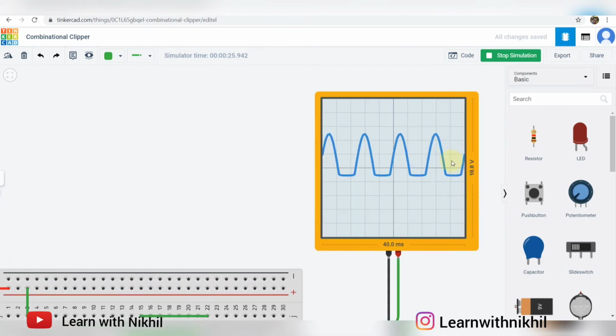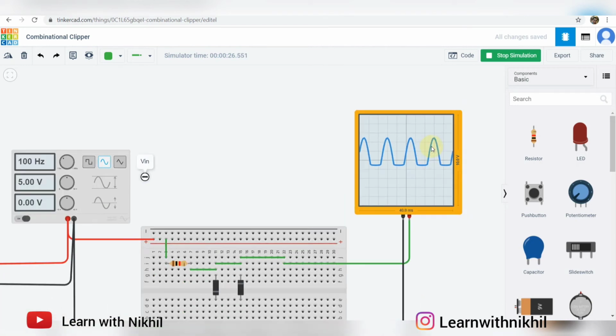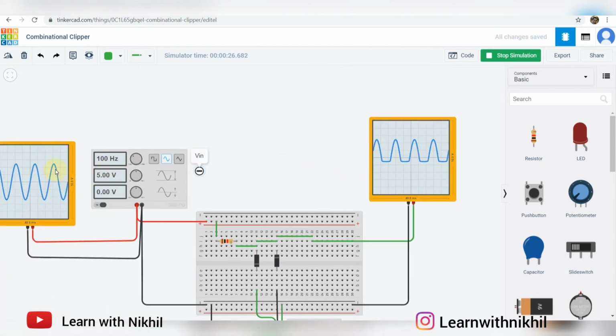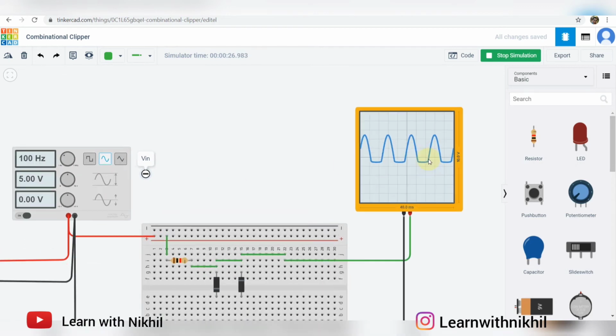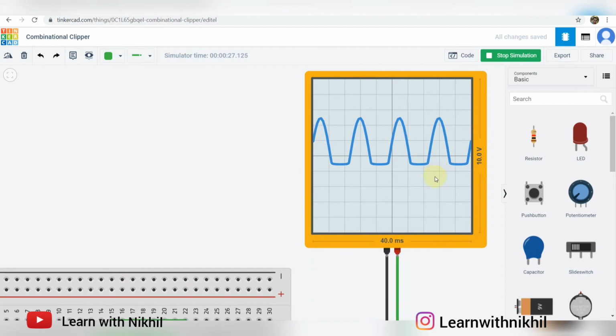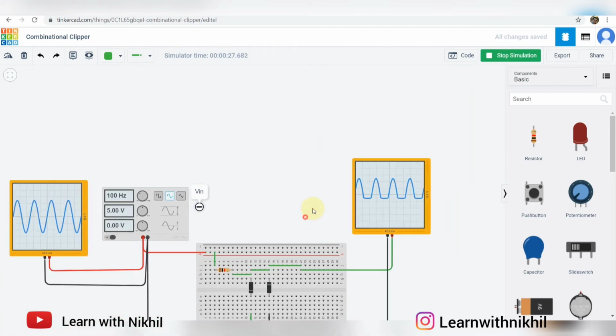So this will be 5 volts, as this is plus 5, minus 5, and the output will be around 6 volts.